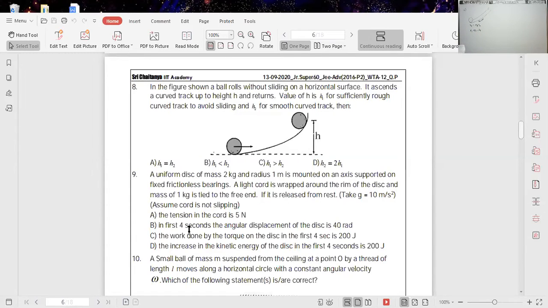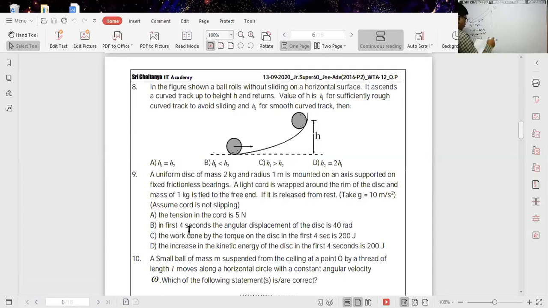What is the relation between h1 and h2? Here, Kt is equal to mg h2, plus Kr, the rotational kinetic energy, that is equal to mg into h1. So it is clear that h1 is greater than h2, because when you add Kr to this one, we get this. That's why h1 is greater than h2. That is the 8th problem.